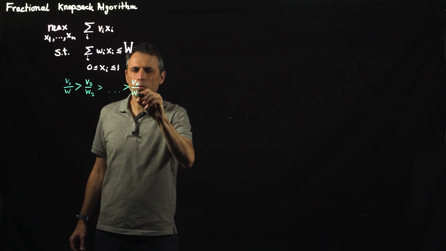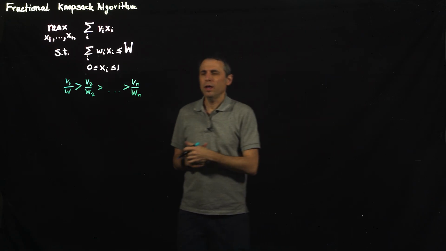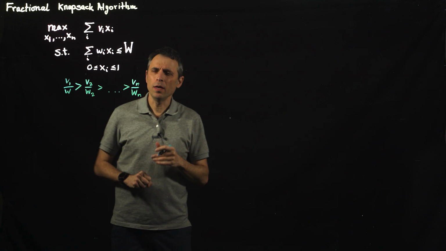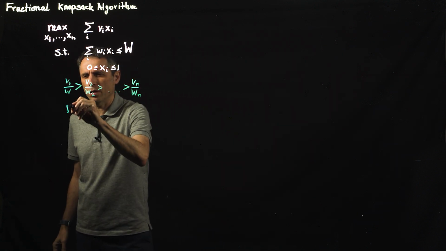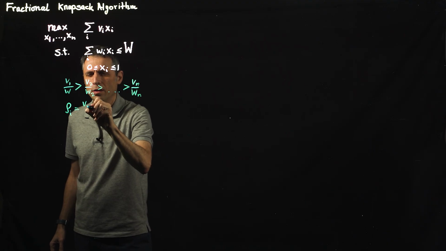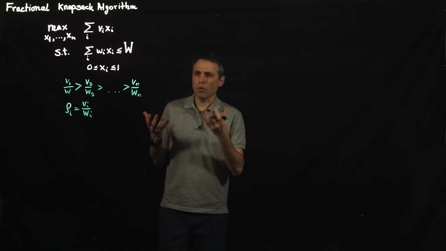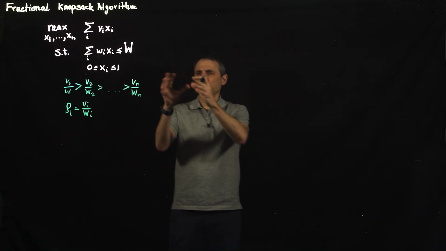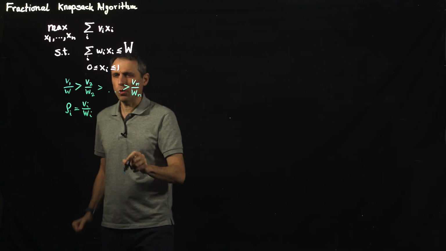If it's not like that, we sort the items and name them 1, 2, 3 until n, from the most dense to the least dense in terms of value. We can write the density rho i is Vi over Wi, and rho i is bigger than rho i plus 1 in this setup, again without loss of generality.